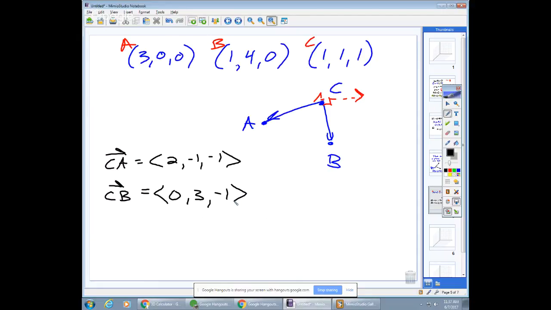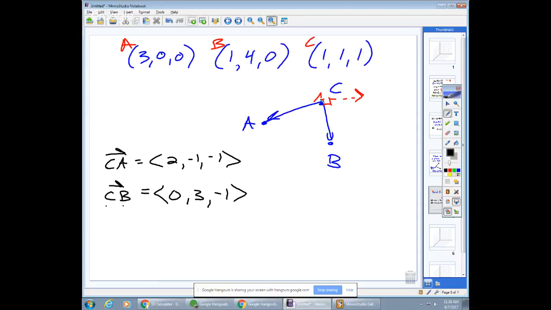All right, and then let's see. If I think about the right-hand rule, if I say CA is my first vector and CB is my second vector, then my normal vector should be heading up out from that central point C. Does that look right? Yeah, I think that's right. The whole right-hand rule always messed me up because I could never keep my right and my left straight anyway.